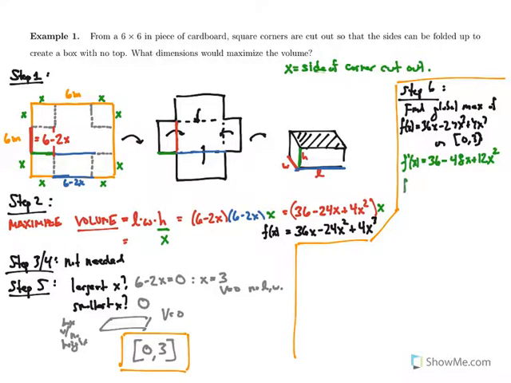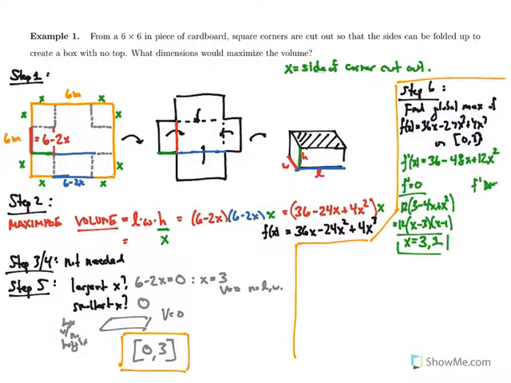We're going to set that derivative equal to 0. We can factor out a 12, and we're left with 3 minus 4x plus x squared. Write that as 12 times (x minus 3)(x minus 1). So we get 3 and 1 here as critical points.